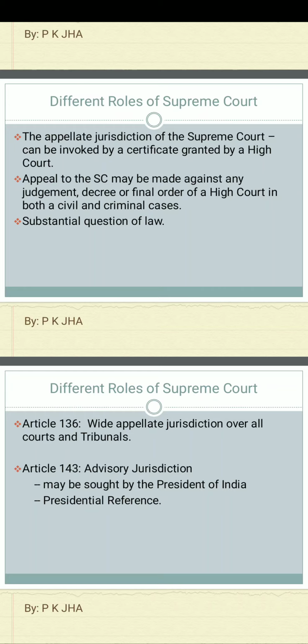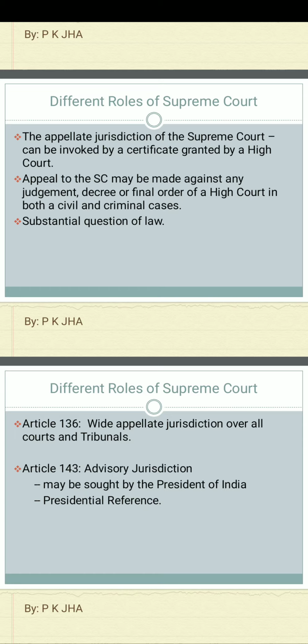Got it? So, under this advisory jurisdiction of the court, presidential reference, we know that the entire process is followed, and under this scheme, the President may refer any question of law or fact of public importance. The President does have this right to ask, but remember one thing, it is not binding on the Supreme Court to answer questions raised in the reference.